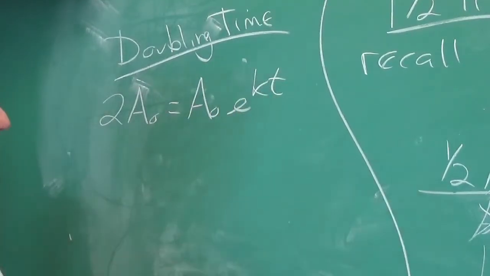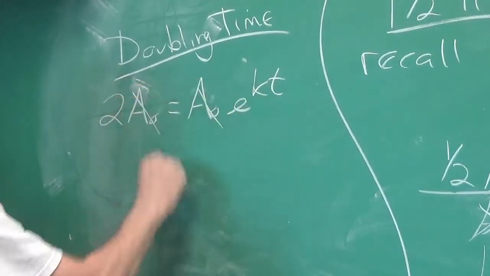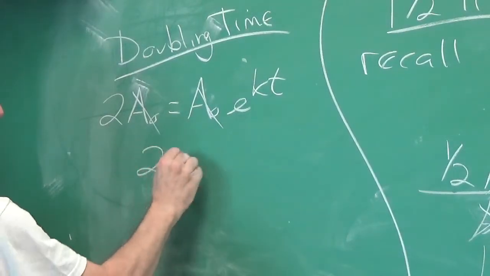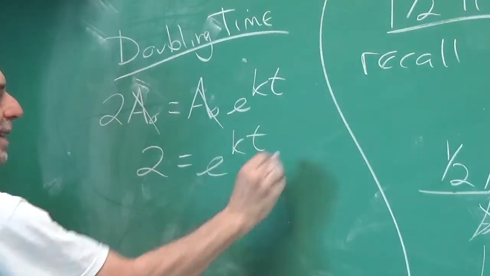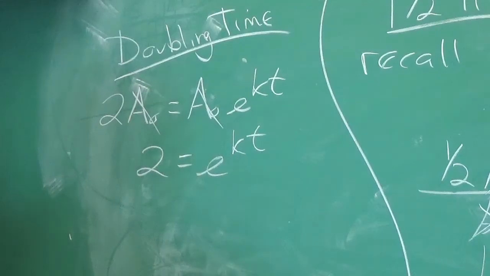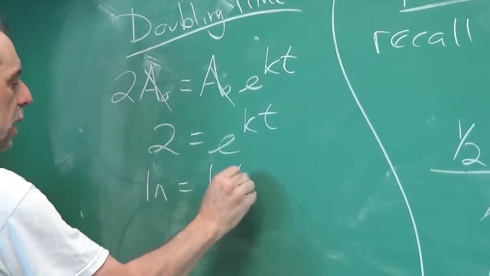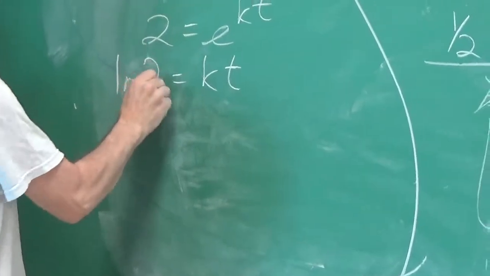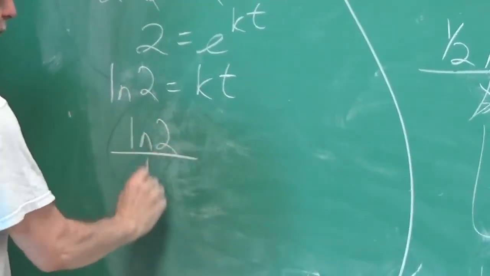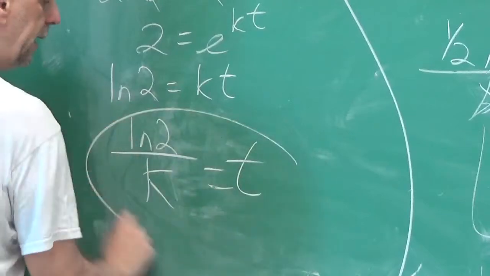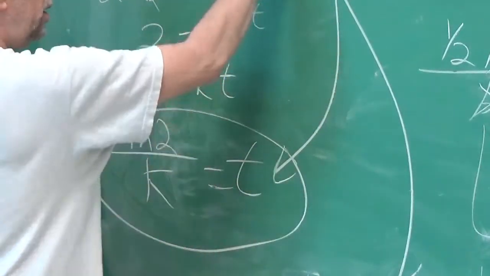We eliminate the original amount, we don't care what it is, we just want to know when does it double. Now we're exactly the same as previous, except this is 2 instead of 1/2. So natural log of 2 over k gives us the doubling time.